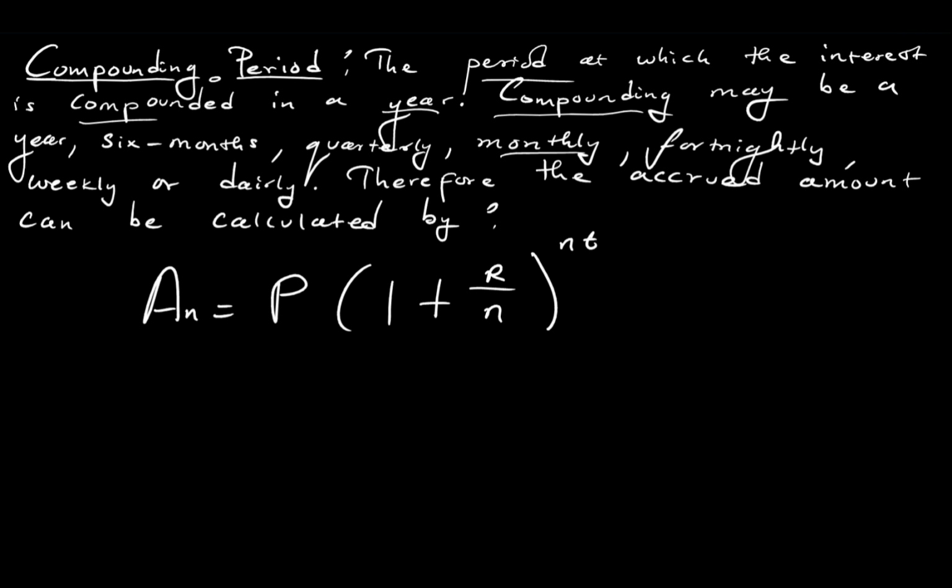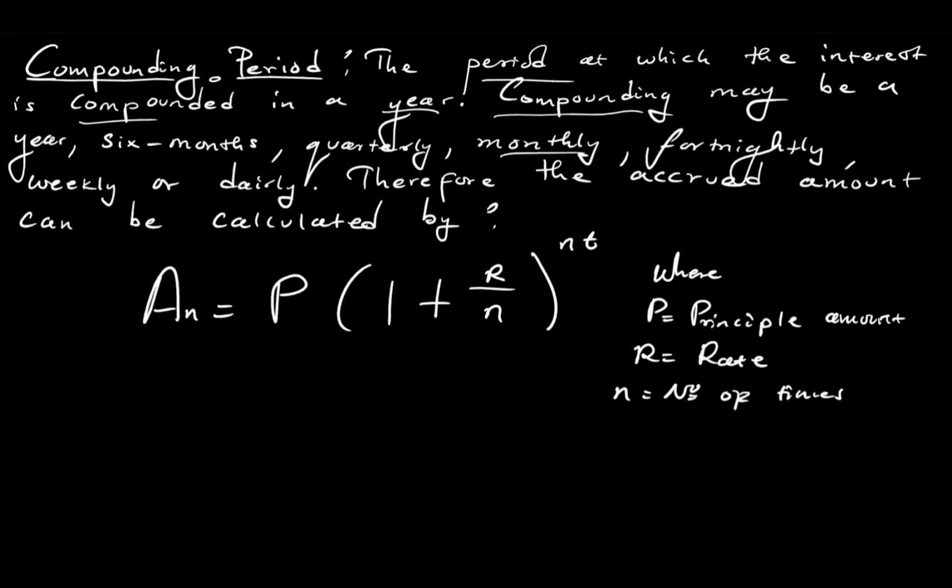Now be mindful that in the equation we have P to be the principal amount, R to be the annual interest rate, and n to be the number of times interest is credited on an annual basis.